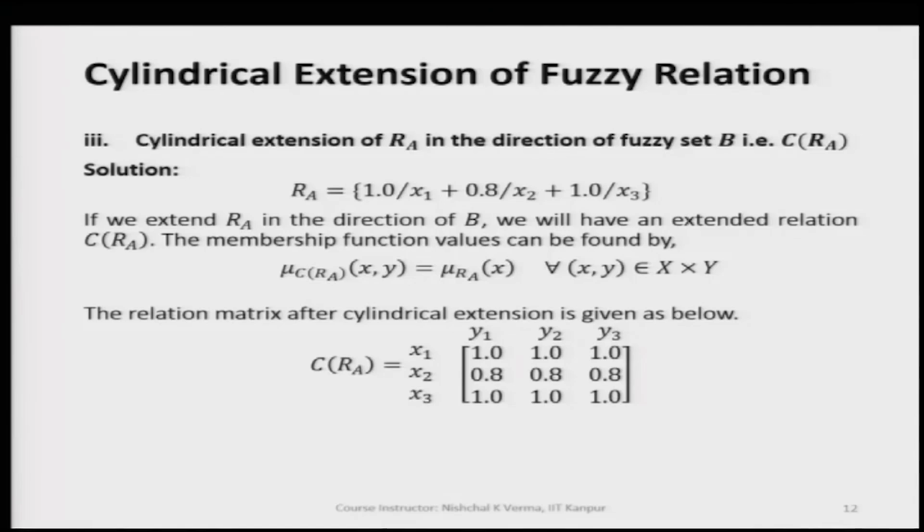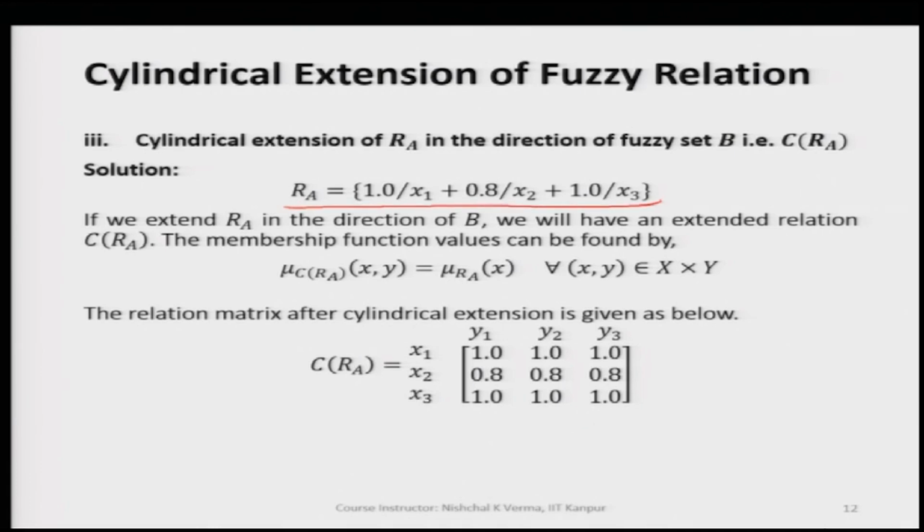Now, when we have reduced the dimensions, as I already mentioned, we can extend the dimension again. But that is not always necessary. Here, since we are understanding the concept, we are now adding the dimension to the projected fuzzy set. So, let us see what the cylindrical extension of RA is going to result in.